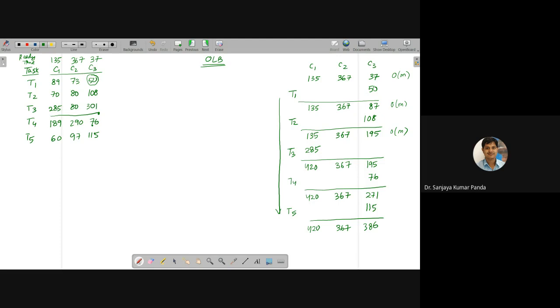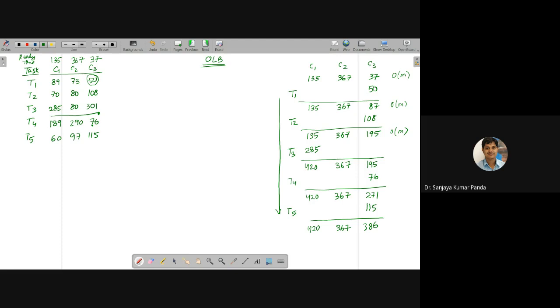Irrespective of the algorithm, you have to take a decision on how you are going to choose a particular cloud, rather than finding their ordering. All algorithms will follow T1, T2, T3, T4, and T5 order. The order is not going to be changed. But here we are looking into the ready time of the cloud, while other sibling algorithms take other decisions while assigning the task to the different clouds.